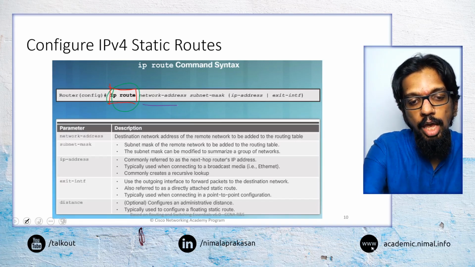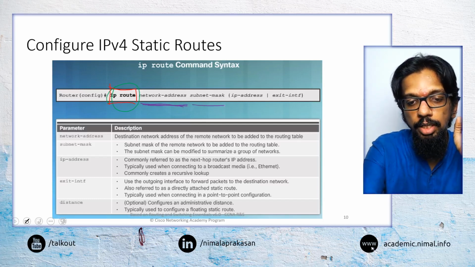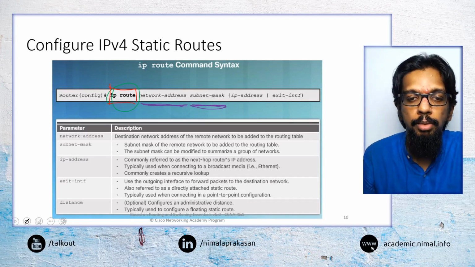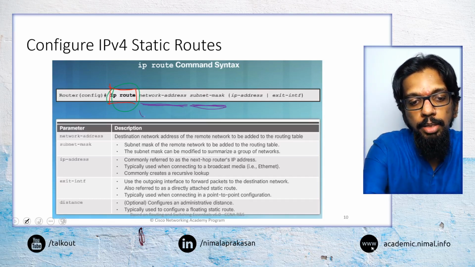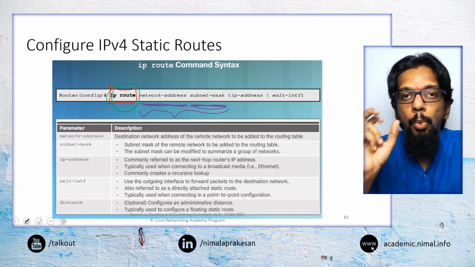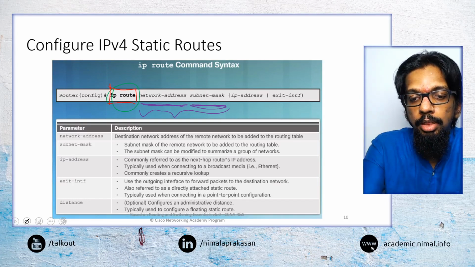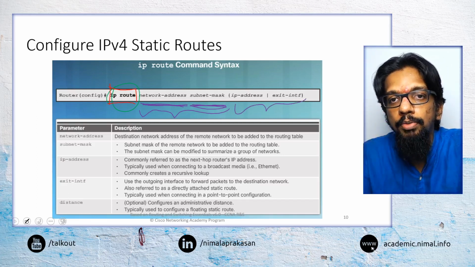We have to have a network address, to specify the destination network that we are configuring, and we will also specify a subnet mask for that particular network. The combination of the network address and the subnet mask will give us the specific network that we are talking about.